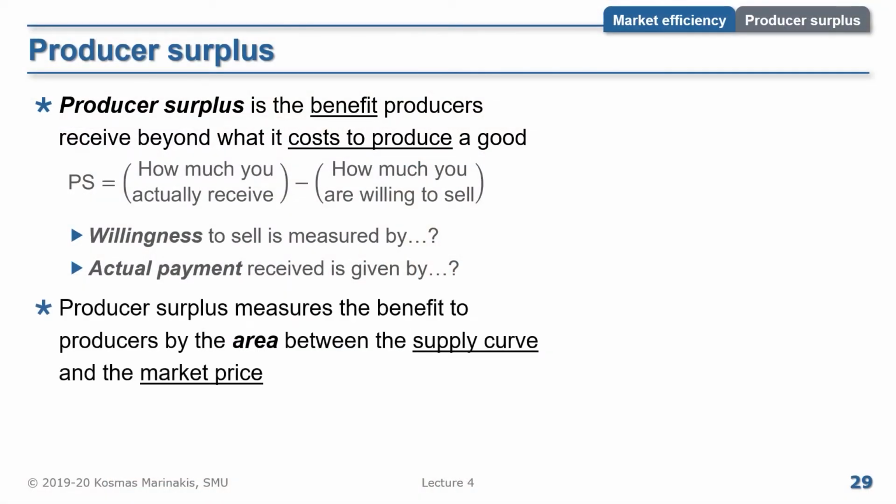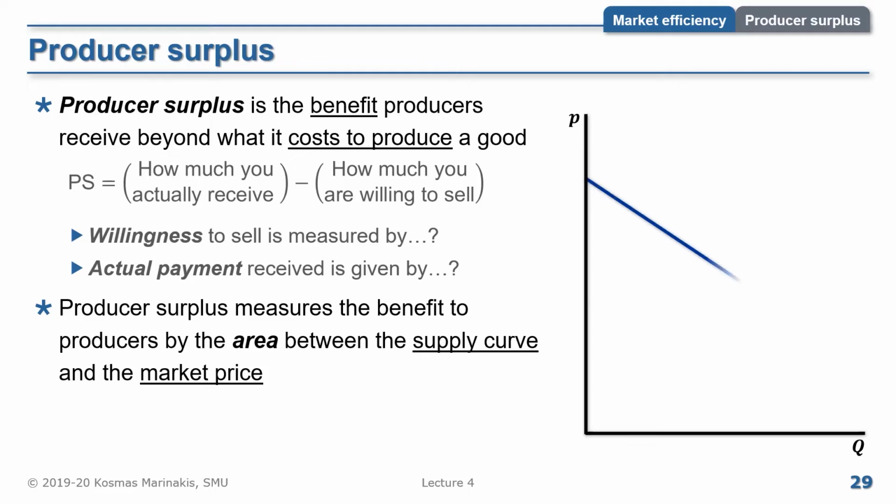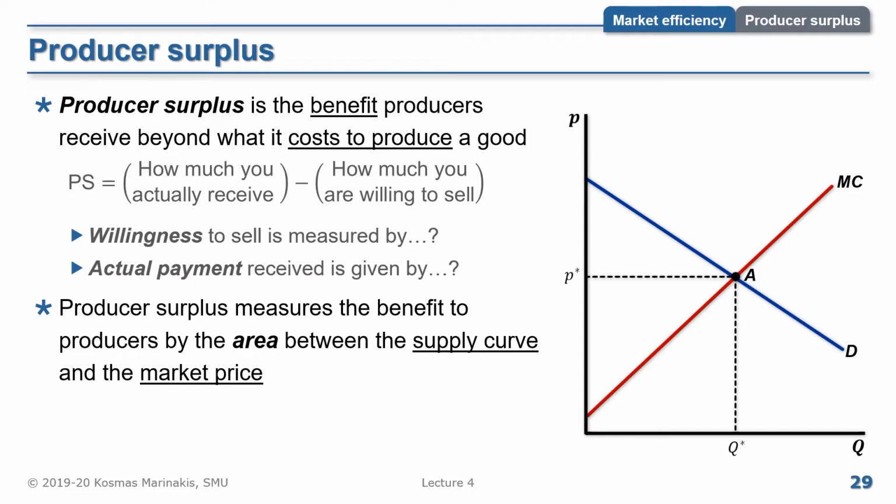So the producer surplus measures the benefit to the producer, the welfare from the side of the producer, between the supply curve and the market price. So if this is your market and this is the demand, this is the marginal cost which serves as your supply curve. If you are a competitive market, then the equilibrium will be at point A, where quantity Q star will be transacted at the price P star.